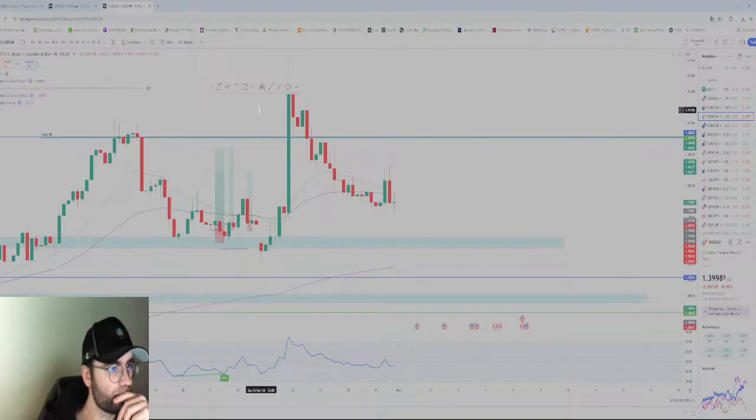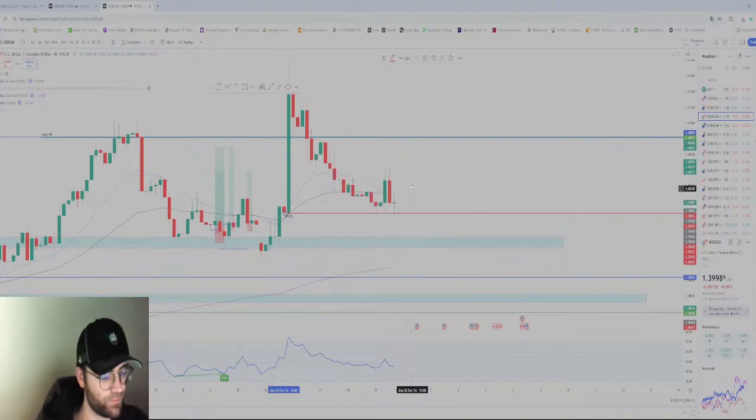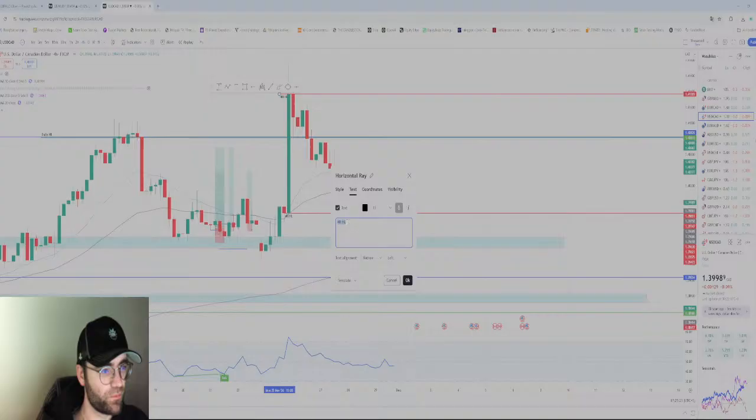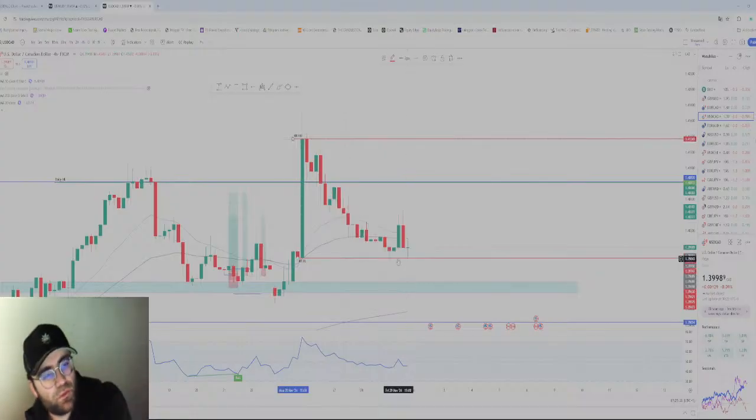Damn, this candlestick is crazy. 4 hour higher low. Higher high. Okay, so everything is bullish.